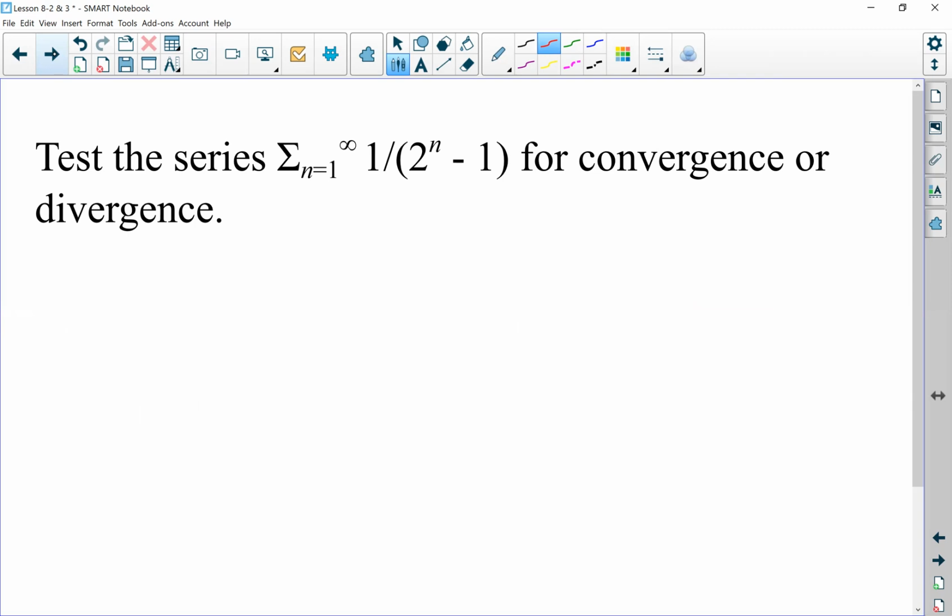Here we have the series n goes from 1 to infinity of 1 over the quantity 2 to the n minus 1.